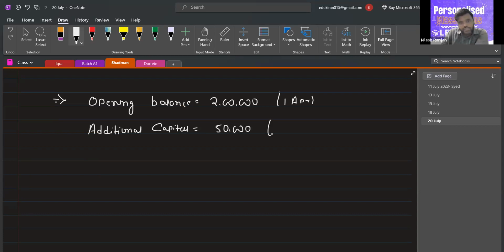It is introduced in 1st October. Okay, sir. And there is a drawing, leave the drawing. So in this situation also, we can use simple method.